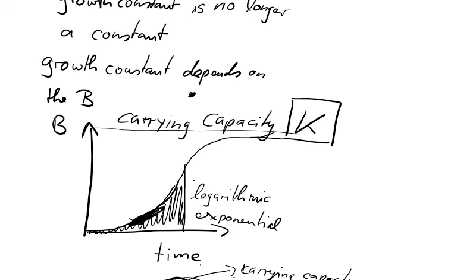Negative growth. What is negative growth? It's consumption. So the rabbits will go down in an exponential decay. So with this logistic growth curve, we can actually predict what happens to a population.